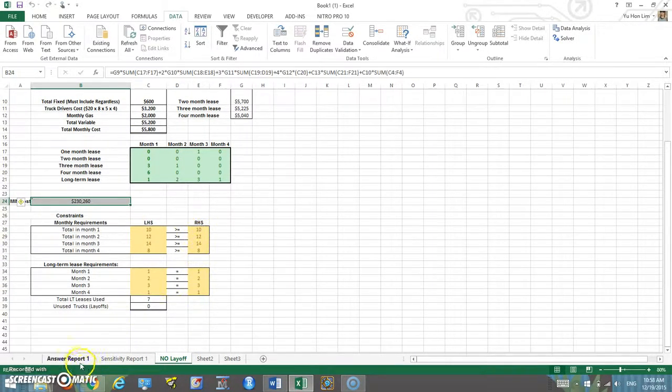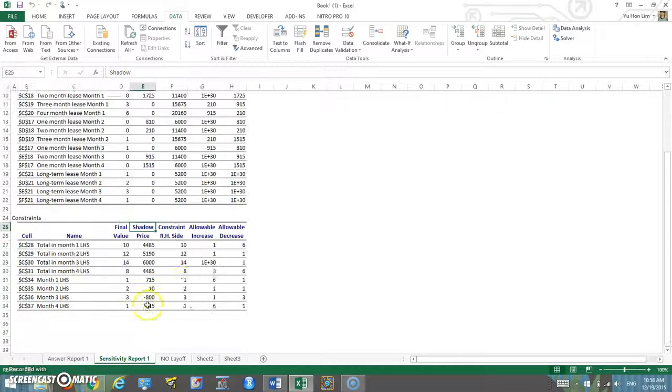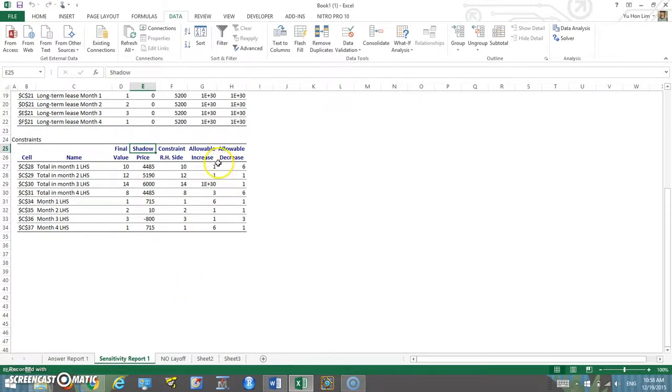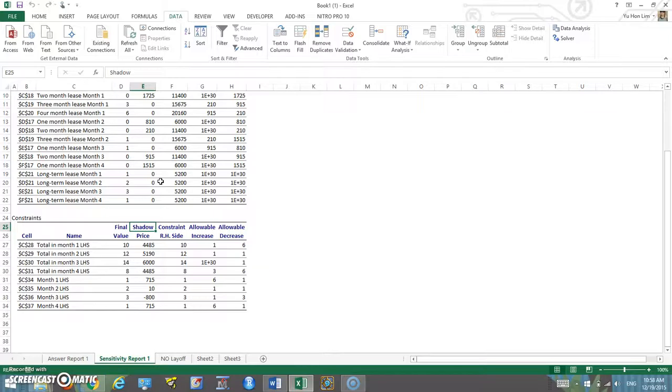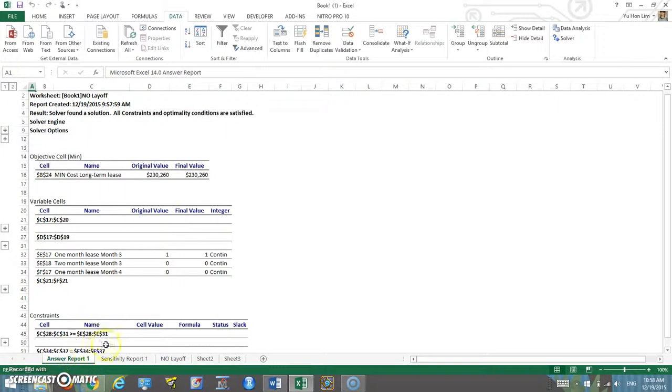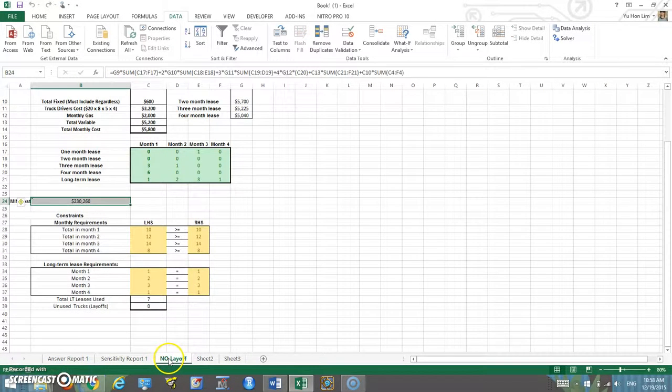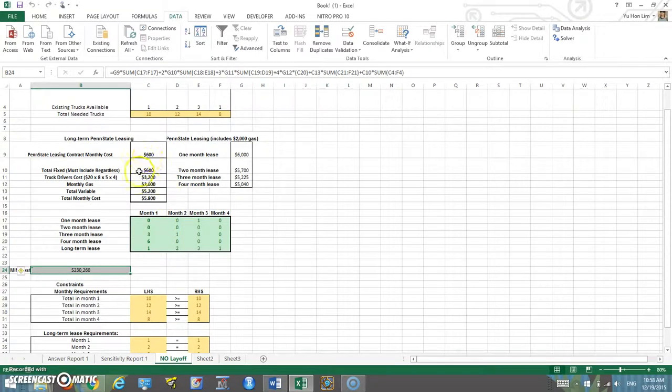If we change it by 1 here, if we allow an increase of 1, the price of the constraint will be 44.85. That's the amount the constraint would affect the cost of leasing trucks.